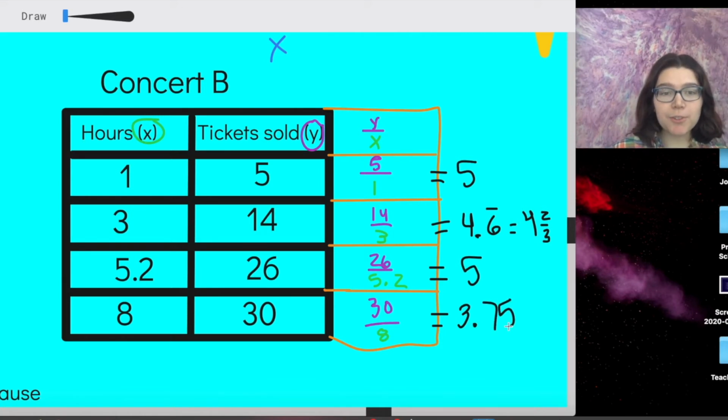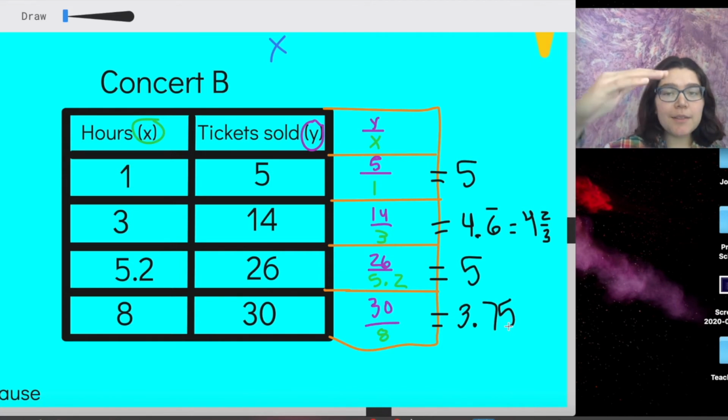Is there a proportional relationship between tickets sold and hours for concert B? Are the ratios, every single ratio, all equivalent to each other? And the answer is no here. It doesn't matter that our first and our third lines are equivalent. It needs to be the case for every single one. So even if we just have one that's not equivalent to a different one, then we know right off the bat that we do not have a proportional relationship.